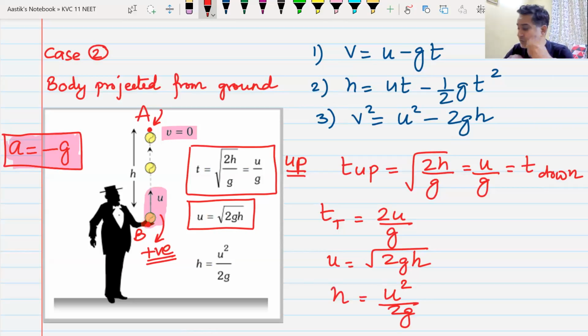Do we understand this? So this case is exactly opposite to the first case that we did. Yes or no? I'll give you 2 minutes to note it down and then I'll give you a question to wind up this class.